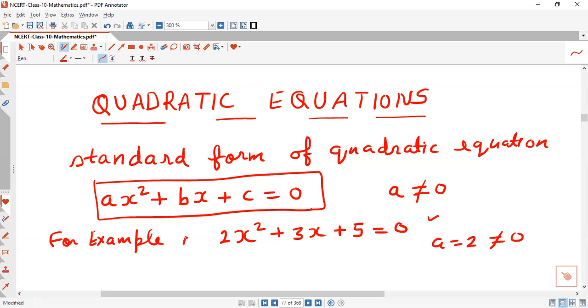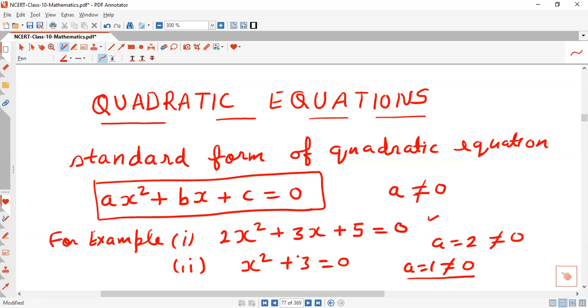Okay. Another example, suppose we have x square plus 3 equal to 0. Is this a quadratic equation? Yes, this is also a quadratic equation. Here the value of a is 1, which is not equal to 0, so the condition is satisfied.